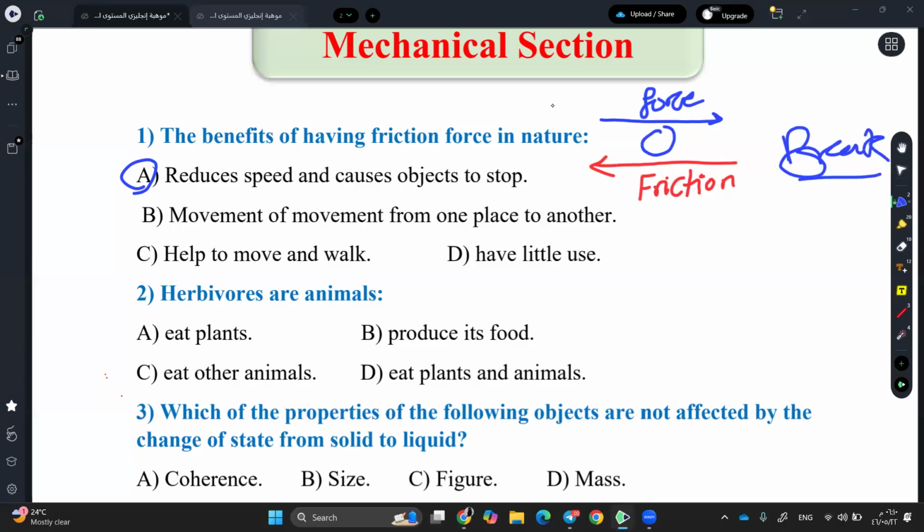The brake will give you a friction force, which means the force against your movement, and then it will cause the car to reduce its speed, and eventually you will stop. Do you understand?